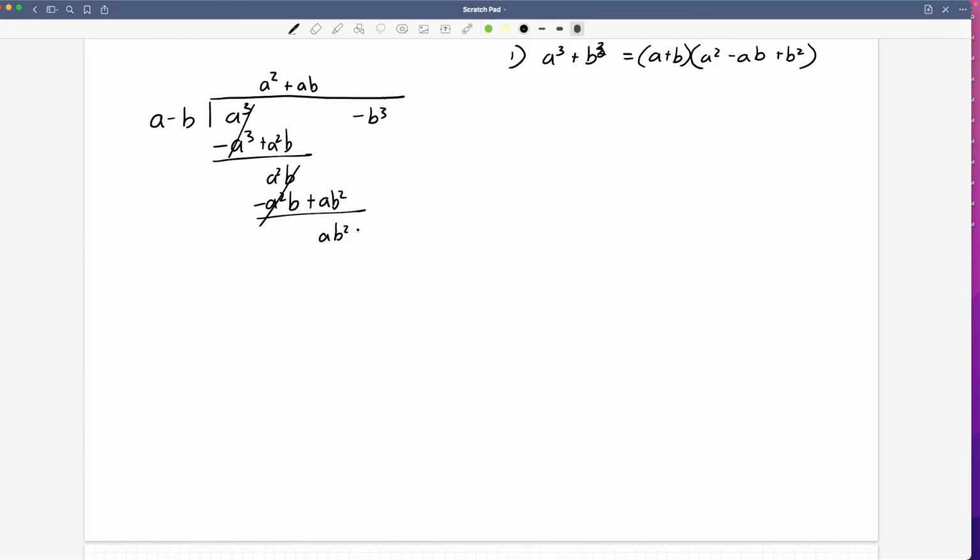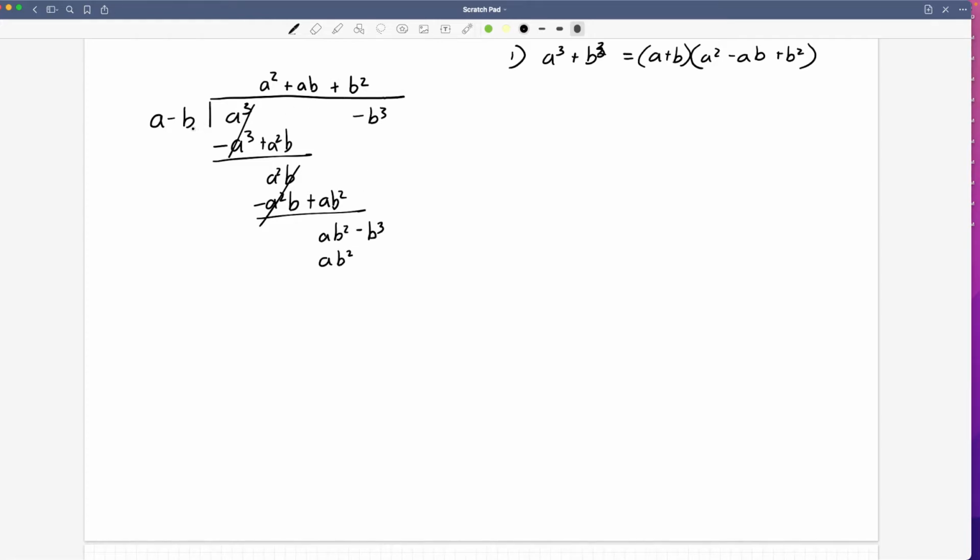And we can go ahead and bring down our negative b cubed because we know the next thing we're going to calculate is going to be a positive b squared times a, sorry about that. B squared times a is going to be ab squared.